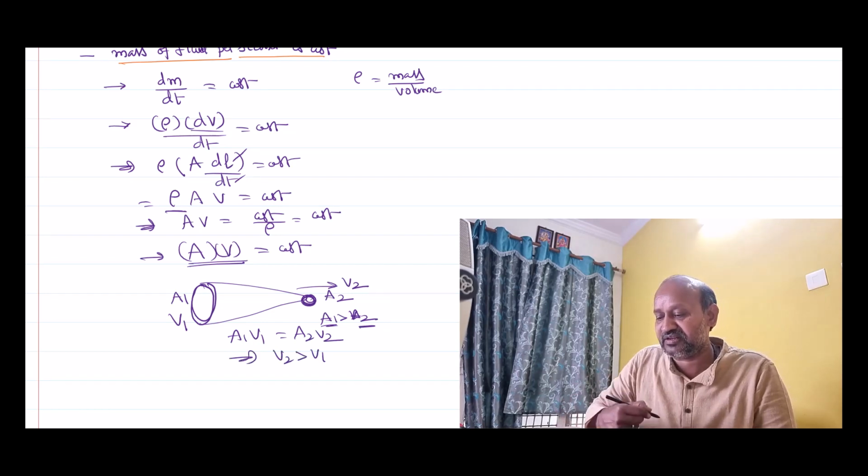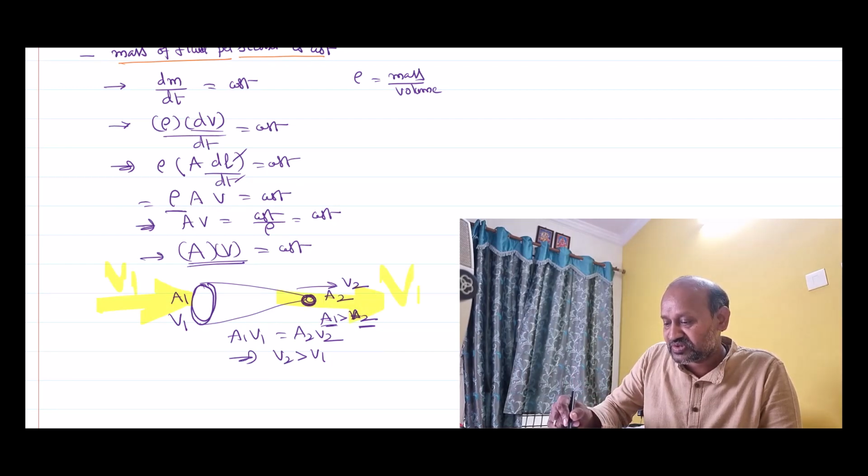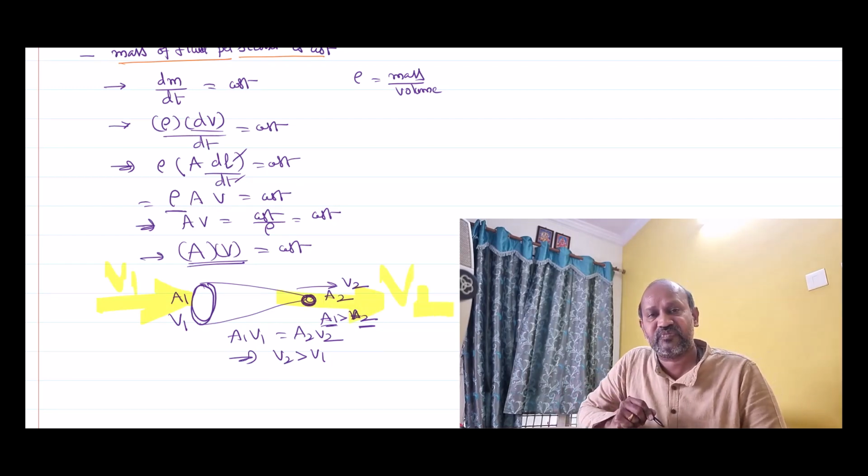That means the fluid enters with a smaller velocity and comes out with a larger velocity. This we can notice when you close the tap and the water is coming out in your bathroom. If you close half the tap, you can very clearly notice water gushing out with a higher speed. That is simply because it is explaining the equation of continuity, right?